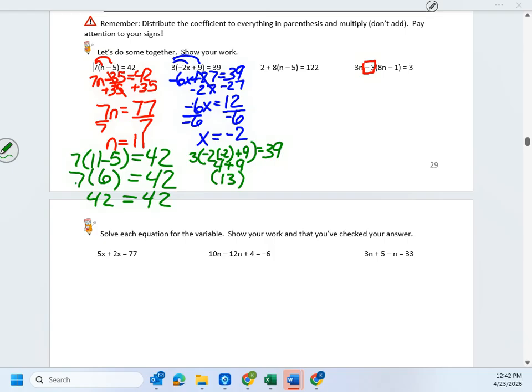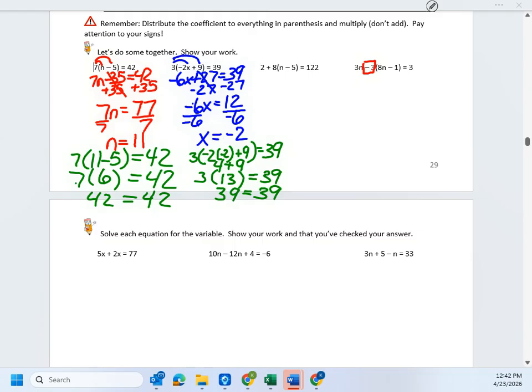Times 3 equals 39. So inside the parentheses, you're following your order of operations. You multiply before you add. So inside parentheses, you follow the same order of operations. 3 times 13 is 39. Okay, we got that one right.